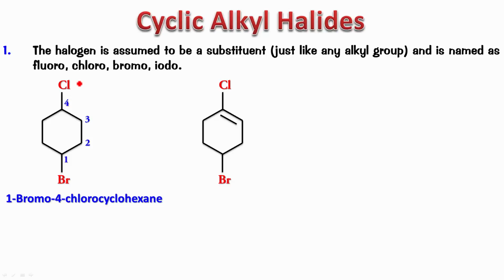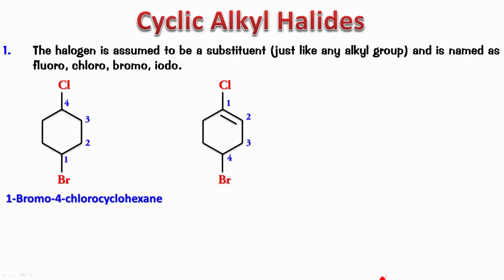And we must give that double bond the 1 such that the substituent also gets as low a number as possible. The best way to do that is by giving this 1. If this is 1, the double bond is anyway 1, and the substituent is also 1. If I were to make this 1, then this would become 2. So though the double bond still gets 1, the substituent gets 2, and that doesn't work. So we are going to number it like this.